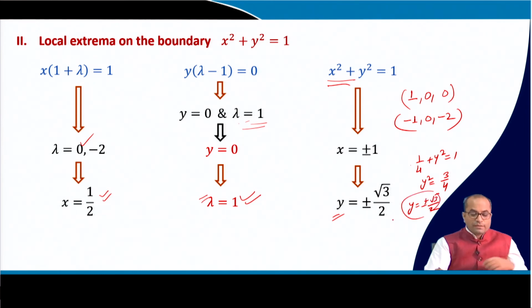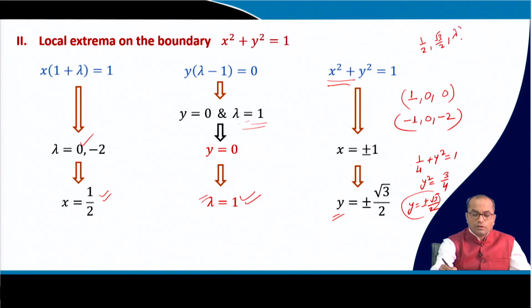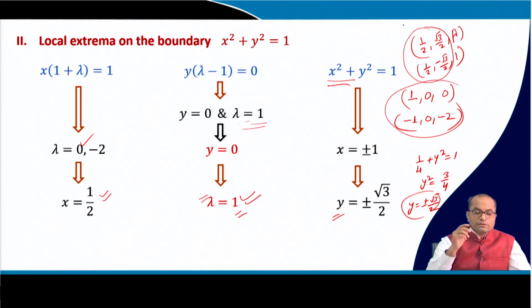So, here we got another two points, with x half, y square root 3 by 2 and lambda 1, then half, y is minus square root 3 by 2, with the corresponding lambda.